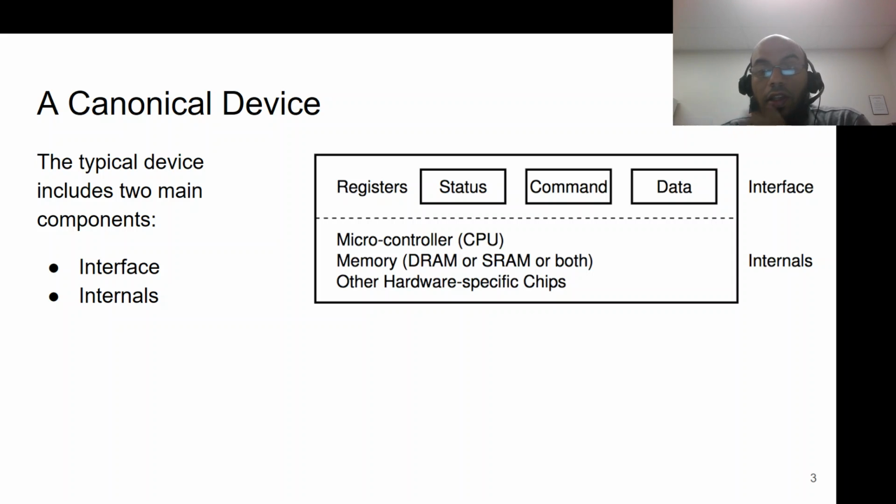CPU. And then you have the internals, which can contain a microcontroller, which is a smaller sized CPU, a memory, DRAM or SRAM or whatever, and some other hardware specific chips. So if you look at your hard disk, most hard disks will have a microcontroller, which is like a small CPU, will have some form of cache or RAM, and will have some other hardware specific chips for the storage itself.